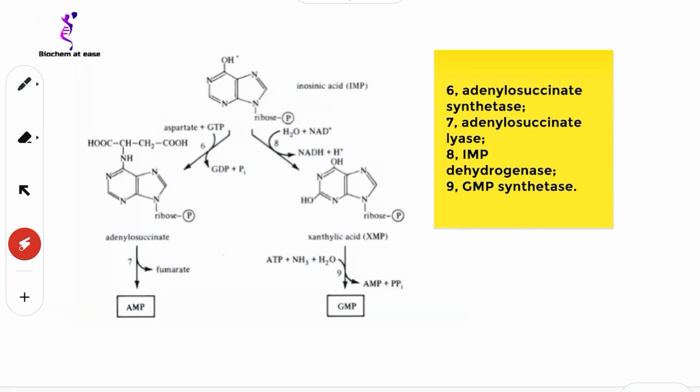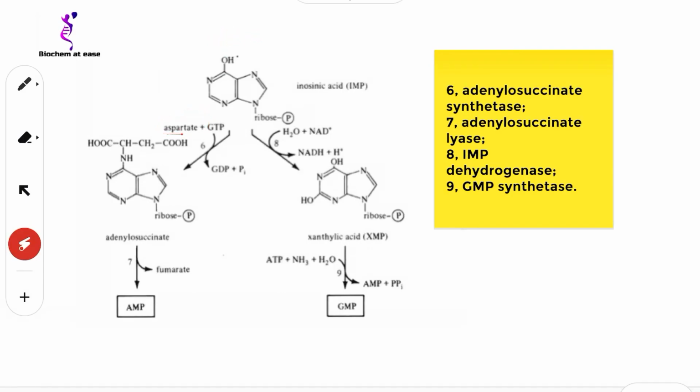The last part is the conversion of inosinic acid to AMP and GMP. So inosinic acid or IMP is converted into AMP in a two-step reaction and into GMP also in a two-step reaction. For conversion of IMP to AMP, the amino group is linked at this position on the inosinic acid, and this linking again takes place in two steps.